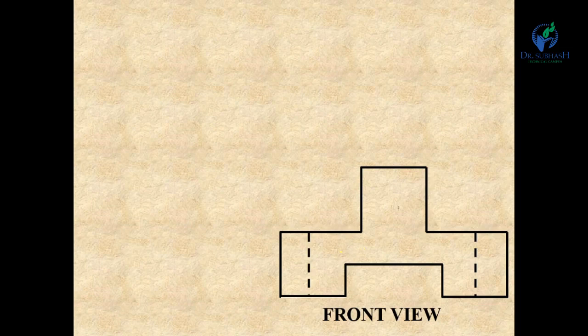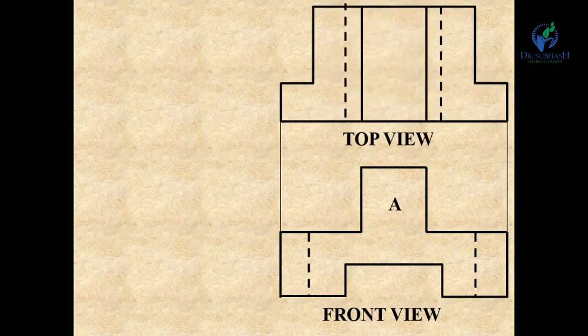Okay, A portion. Then draw the projections for the top view. Now you can see the top view of that object, which is above the XY line, right? So these two are the dash lines which show the hidden part.